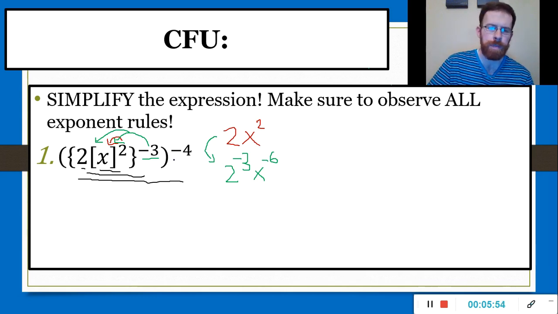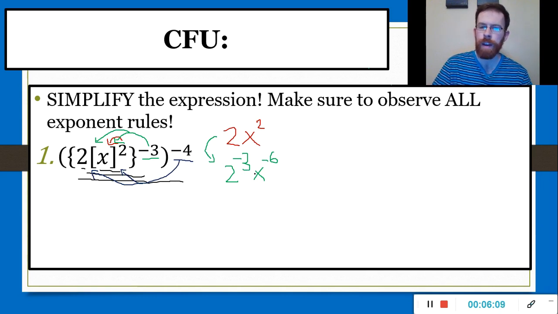And so now I've got this negative 4. Same thing as with the negative 3. It's going to affect the 2, and it's going to affect the x. So what's negative 3 times negative 4? Well, negative times negative is positive, and that's going to give me a 12. So I end up with 2 to the 12th power.